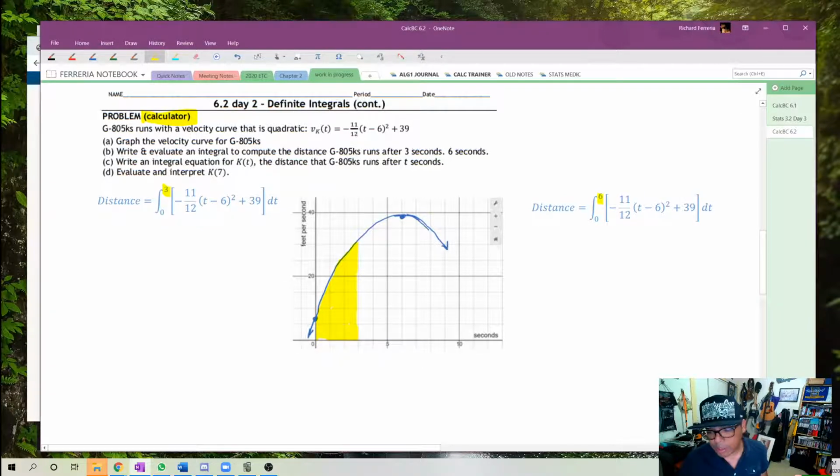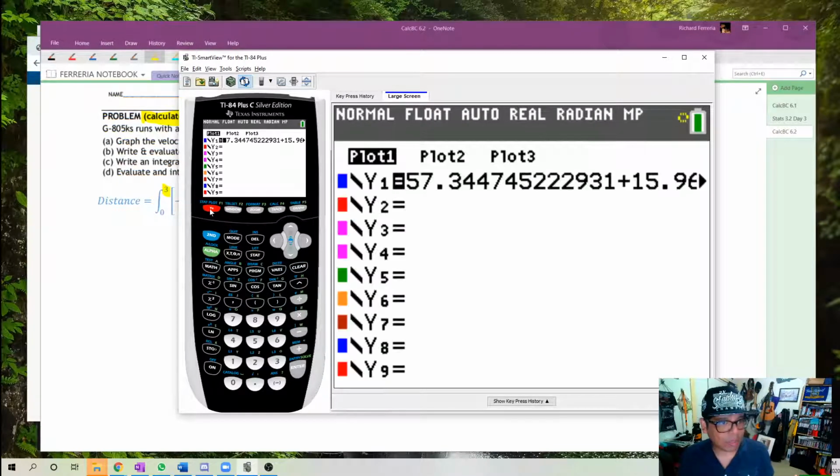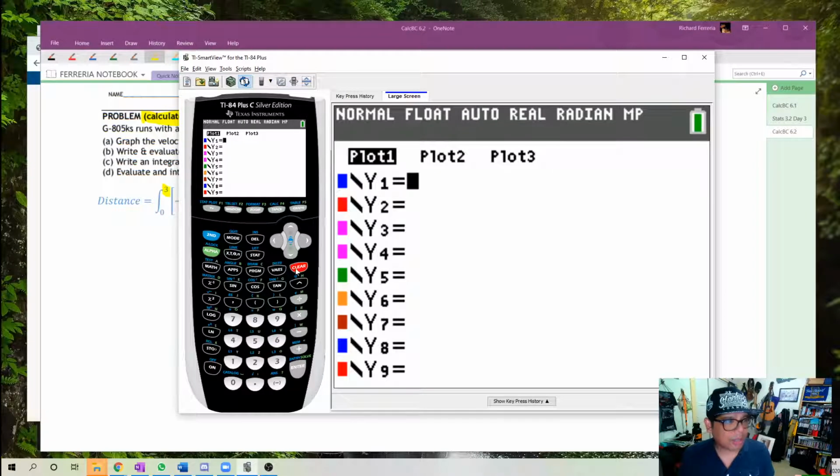So we're going to use a calculator to do that. Let's pull out our TI-84. Okay. And I've got a few tips for you on using the TI-84. The first one is to take your function and put it into the y equals menu. So I just clicked y equals. I'm going to push clear to clear that out.